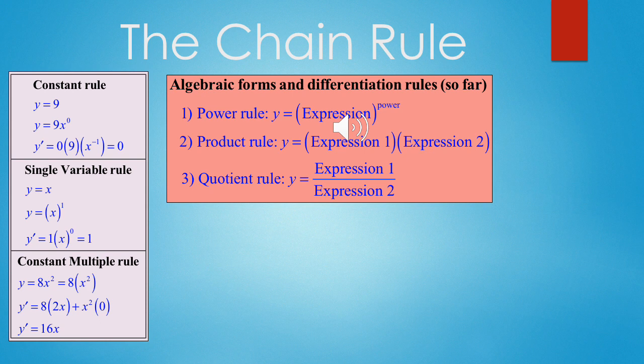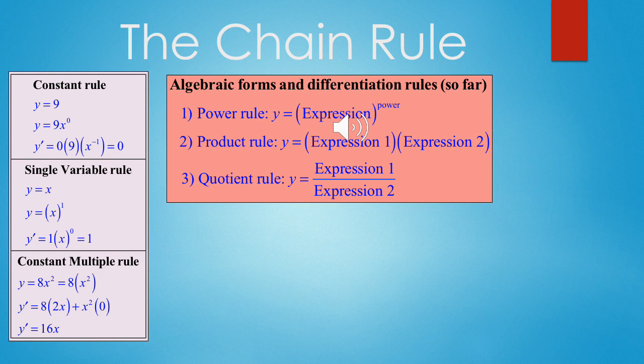And by the power rule, we can write the derivative as 0 times 9 times x to the negative 1, which is 0. The single variable rule is also a use of the power rule. We can write y is equal to x as y is equal to x raised to the first power, and therefore the derivative is 1 times x raised to the 0 power, which is 1.